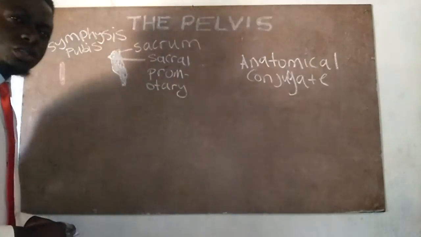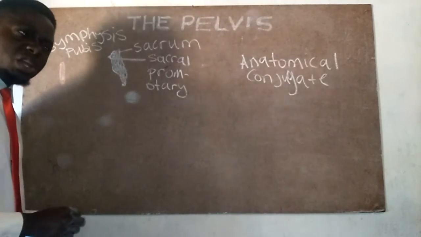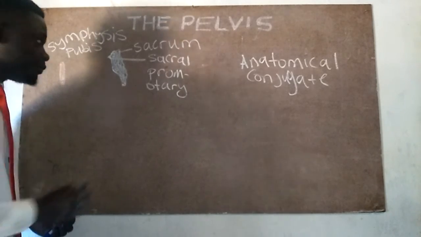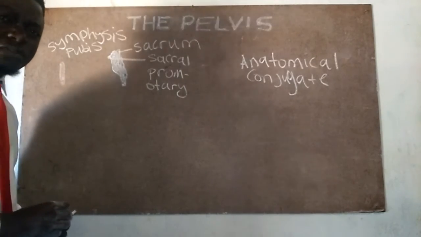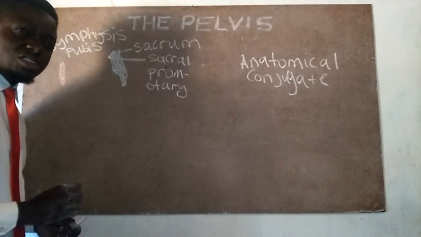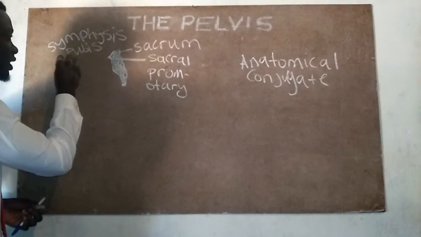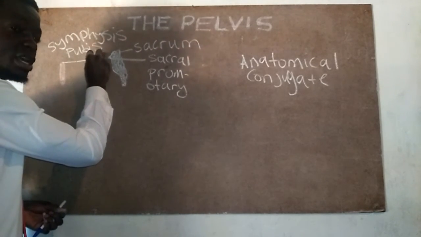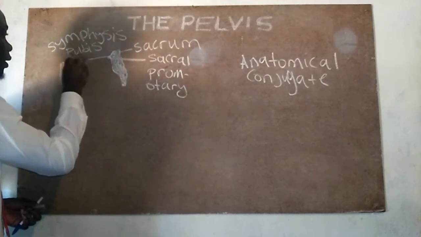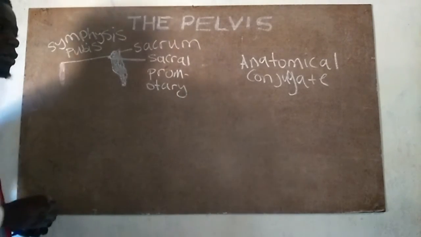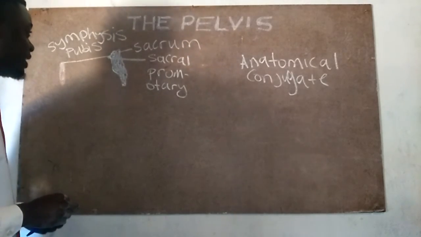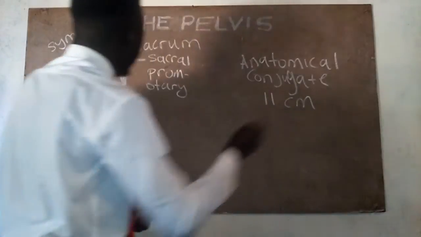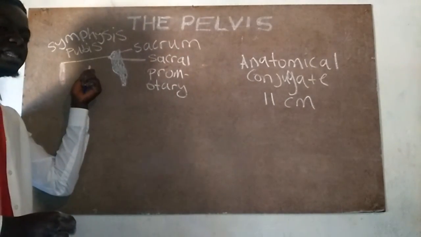The anatomical conjugate runs from the superior border of the symphysis pubis, from the anterior border of the symphysis pubis, down at the back onto the sacropromontory. This is the anatomical conjugate, and this line is about 11 centimeters.